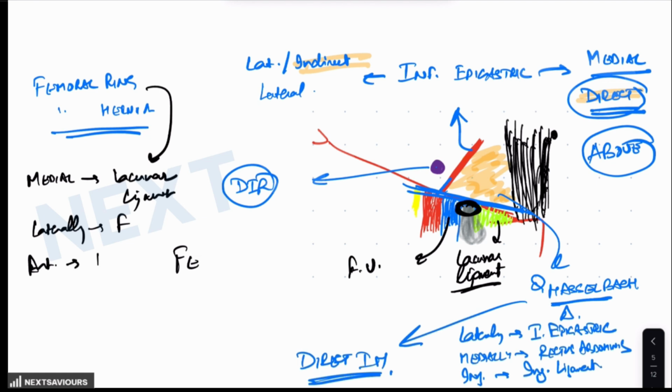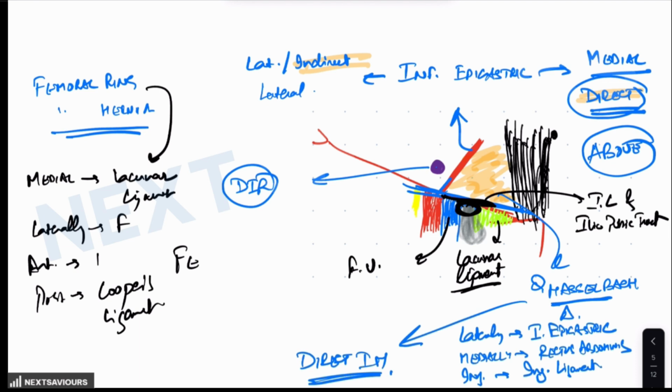Anteriorly, you have the inguinal ligament, that is this, along with the iliopubic tract, and on the posterior aspect, you have Cooper's ligament. Okay. So this is the area of the femoral ring where femoral hernias occur. An important point about femoral hernias is that this is a very tight ring, and so femoral hernias have a very high propensity for development of strangulation.